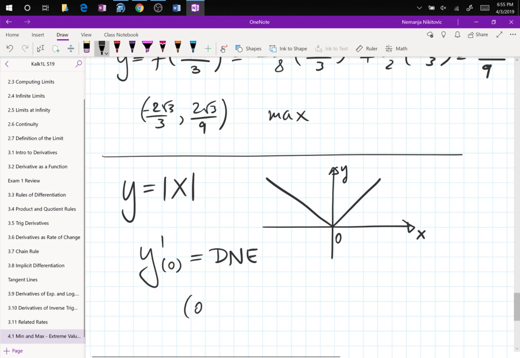But we still have (0, 0) to be an absolute min. So this is an example where the derivative doesn't exist, and the point is actually a minimum.